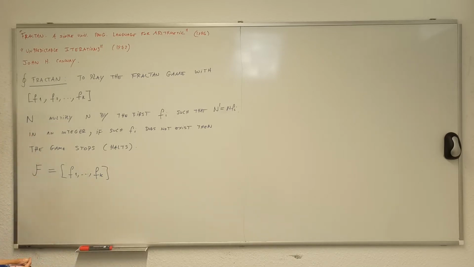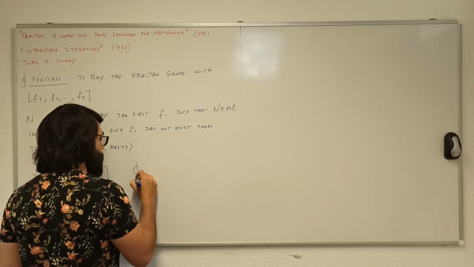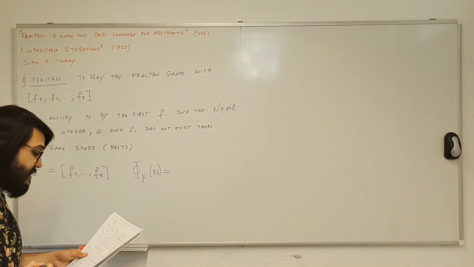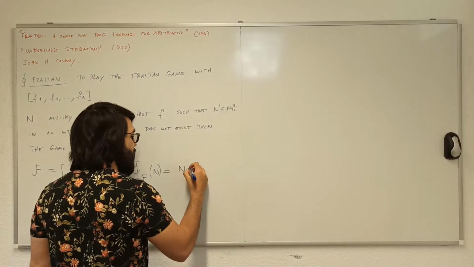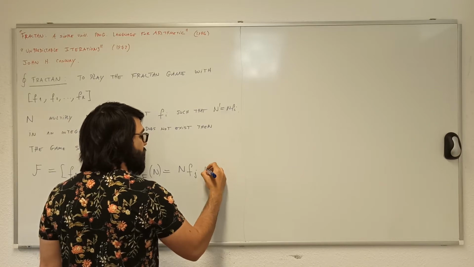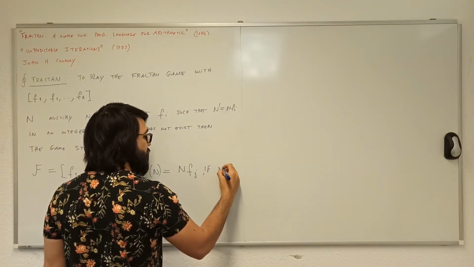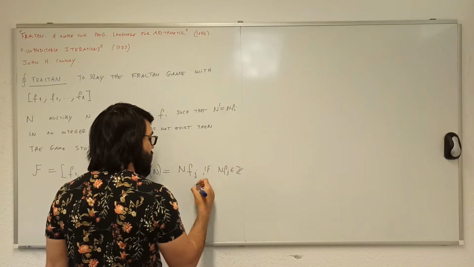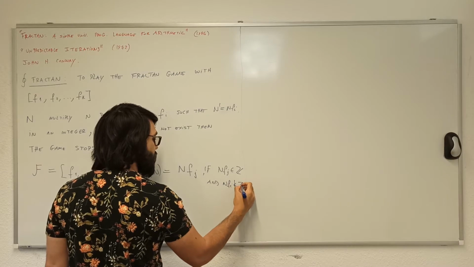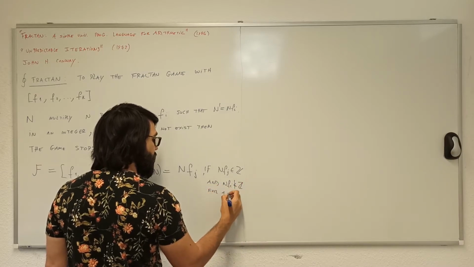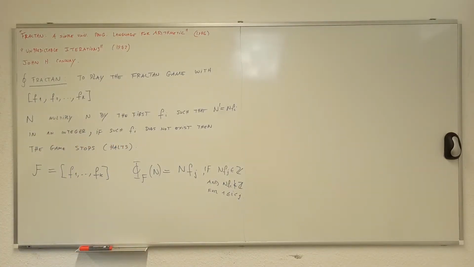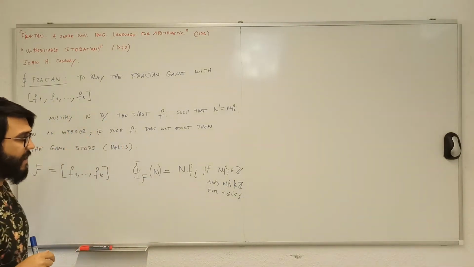Let me call it vector capital F, and you have a function, let's say phi F of n, which will be just defined as n fj if n fj is integral and n fi is not integral for 1 less or equal than i less than j. Okay, and what you do is just iterate this map.